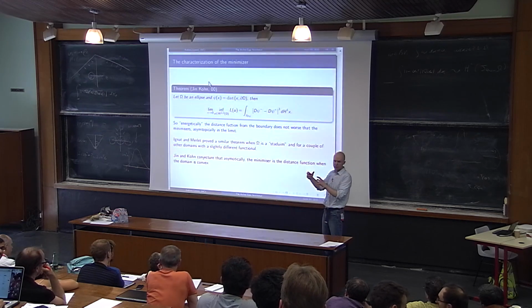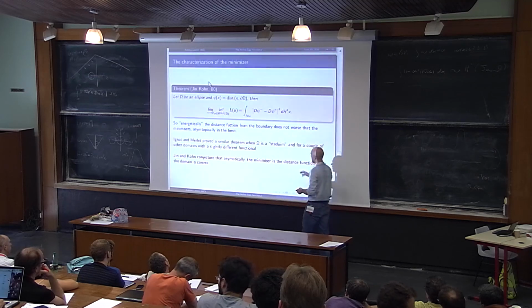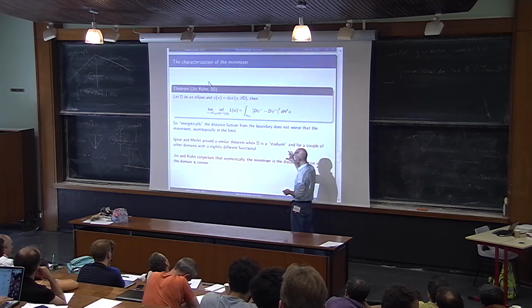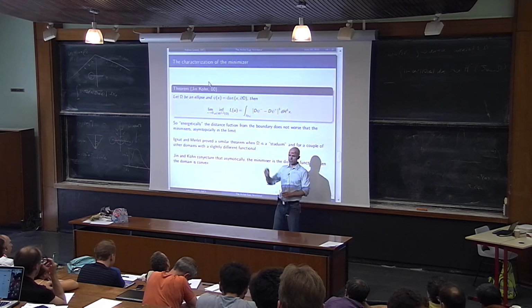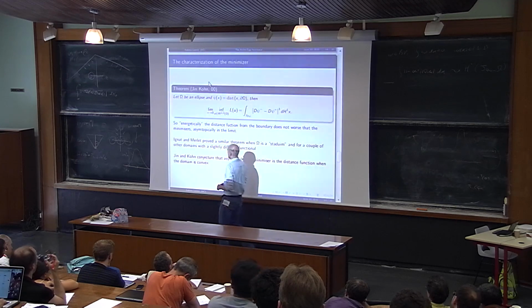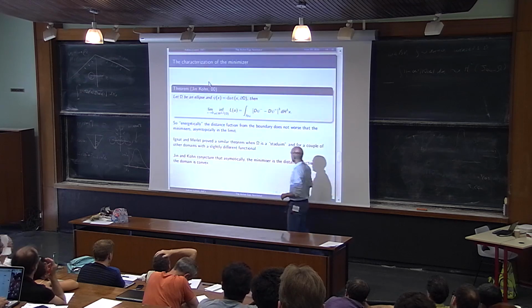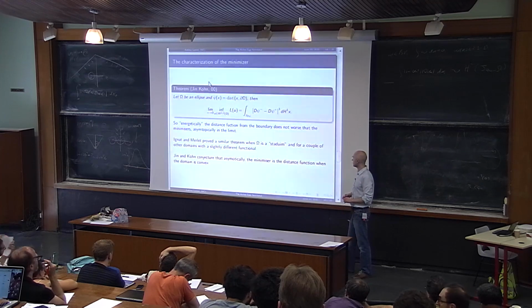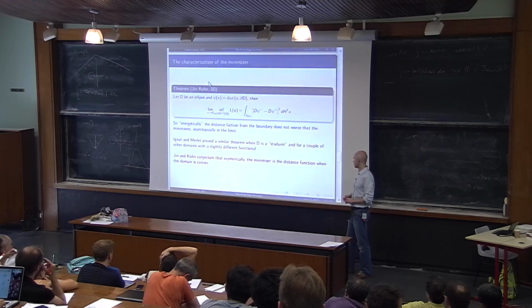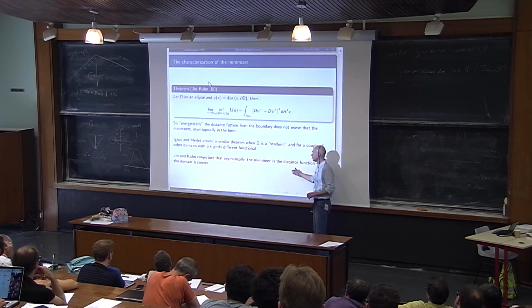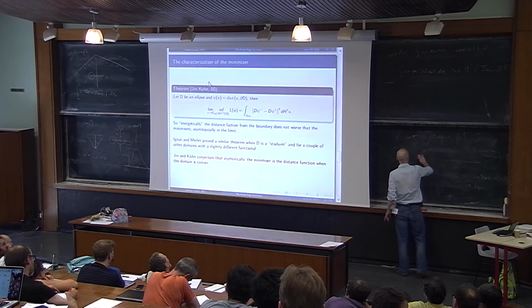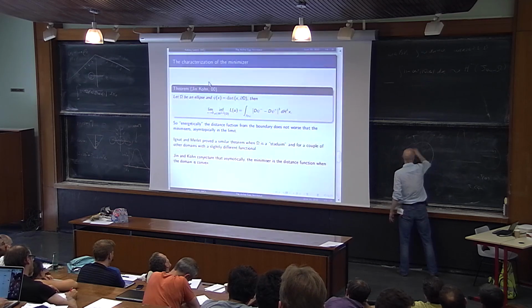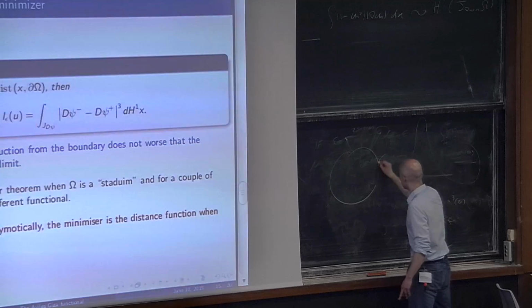When you have a union of two circles or some class of ellipses, it's not exactly the same Aviles-Giga function; it's a slightly different cost function. But for the stadium, I think it's exactly the same. So this is broadening the Jin-Kohn theorem. And Jin and Kohn conjectured that the minimizer is always going to be the distance function away from the boundary when we have a convex domain. It's definitely not true when we don't have a convex domain.